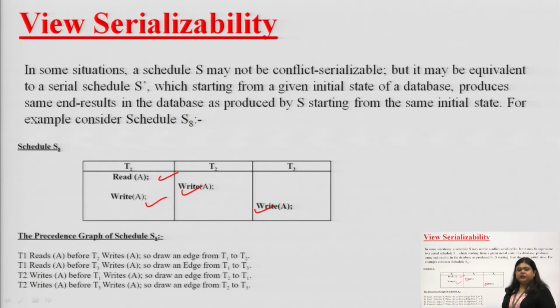Now, if you want to make the precedence graph for this example: T1 reads before T2 writes, T1 reads A before T3 writes, then T2 writes before T1 writes, T2 writes before T3 writes.